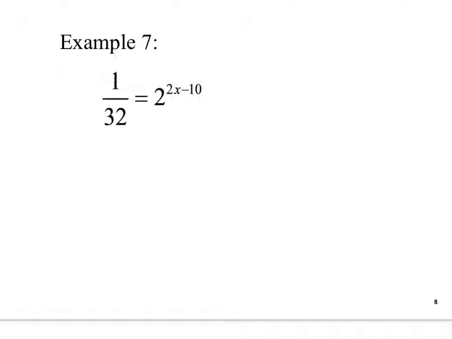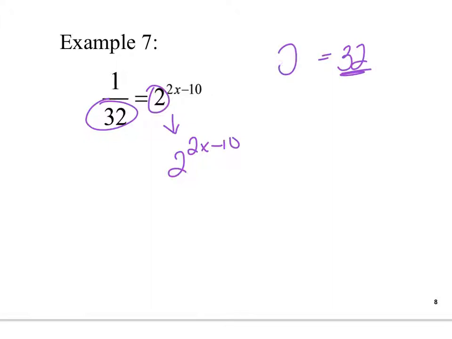Same deal here. We got 1 over 32. So we're looking at just the 32 and just the 2. Well, 2 is his base, so we're just going to leave that alone. 32, we got to look for a base of 2. So where is the answer 32? Well, it should be 2 to the 5th. So this is 2 to the 5th, and since it's a fraction, this becomes a negative.